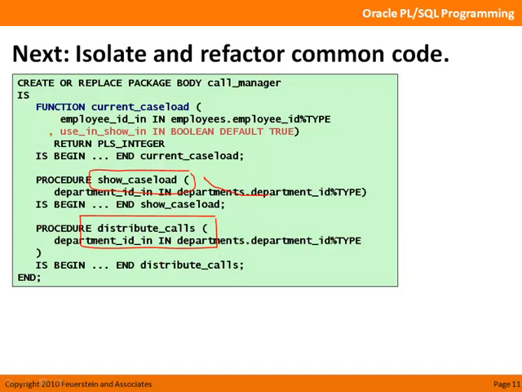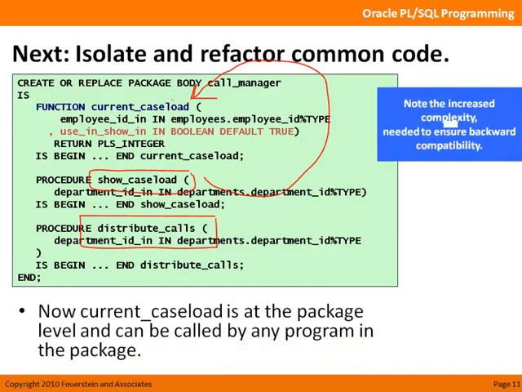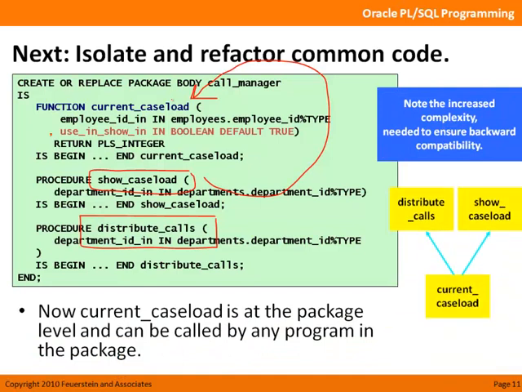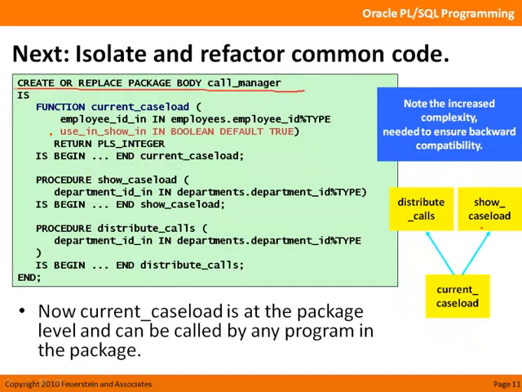So what I'm going to do is extract out the current caseload function, the ability to calculate the current caseload. And then I'll make it available in both of my subprograms. So current caseload used to be buried inside show caseload as inline logic. I take it out, I create it as a separate function, I call it from show caseload, I call it from distribute calls.